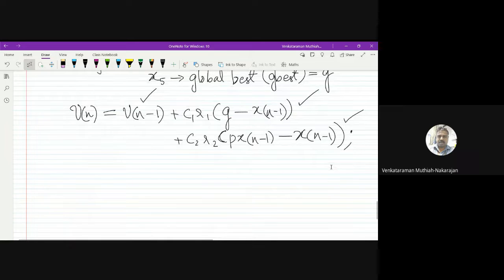Now, after finding its velocity, we add that to our position: x of n equals x of n minus 1, which is the previous point, plus v of n. So you keep on iterating this for all the particles.